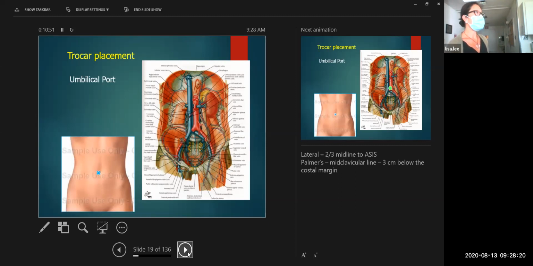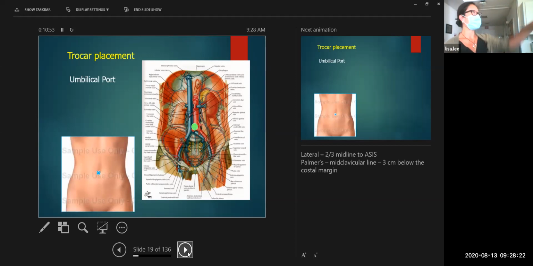Bowel. Okay, so there's bowel there. Definitely there's bowel there, and there's the bifurcation of the aorta. Okay, so in the skinny people, you really want to be careful because you're right over the bifurcation of the aorta. Okay, and dude, it has happened. So you can probably go to YouTube. You can probably see the videos where people get into it. It's better to watch the videos than have it happen to you.